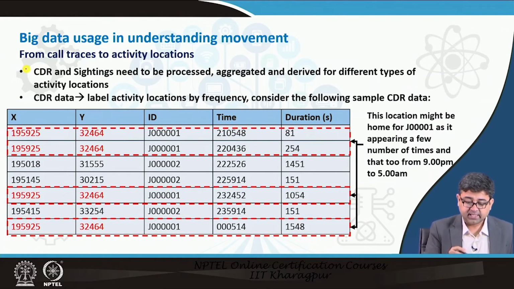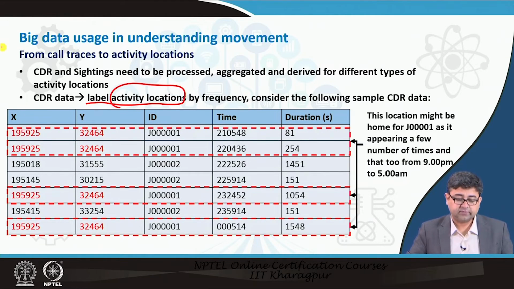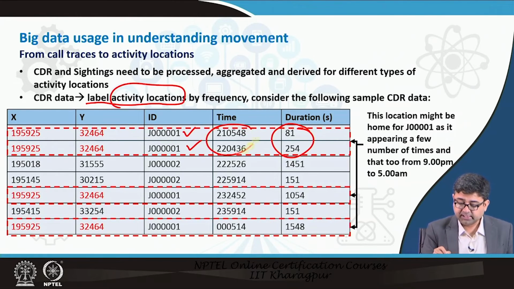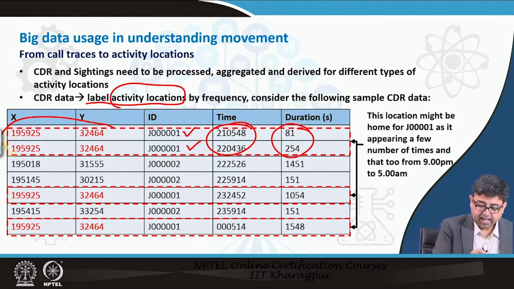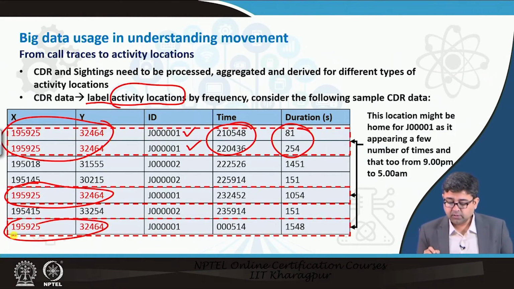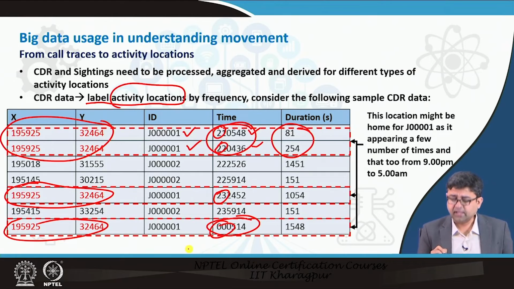So, from the CDR data you can find out different activity locations in your city as well, right. For example, if you are seeing that this ID J0001 is making different calls during these times of the day, right, and from these same XY coordinate locations, usually what you can infer is that these are night times, evening 9 p.m., 10 p.m., 11 p.m., night, midnight, later in midnight.